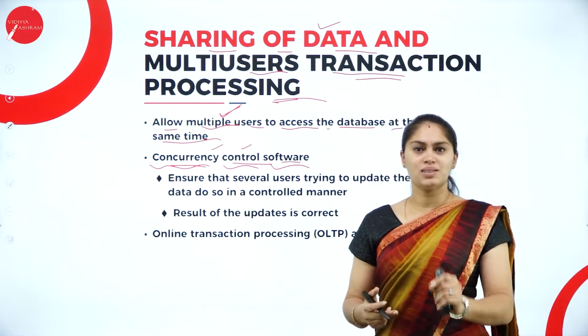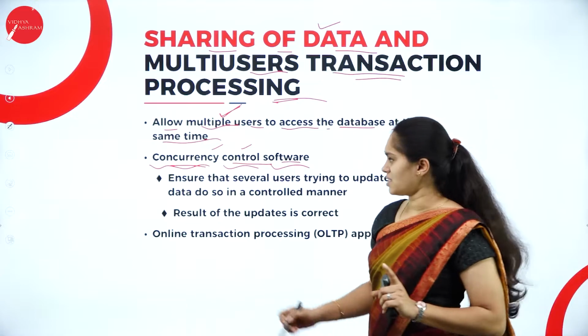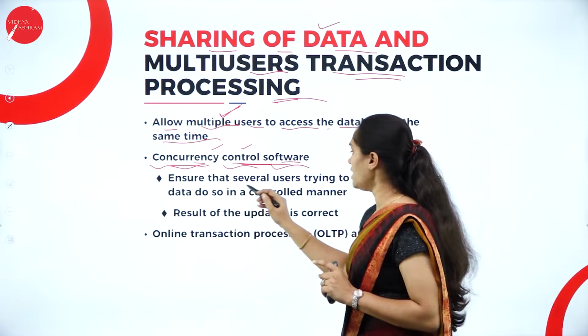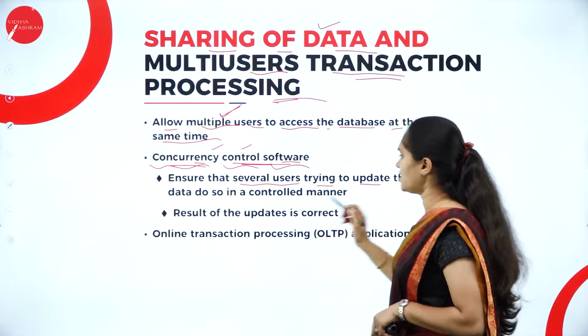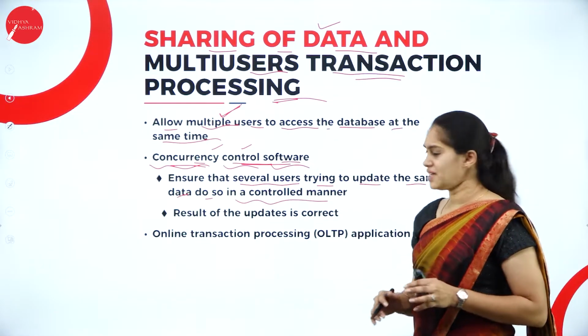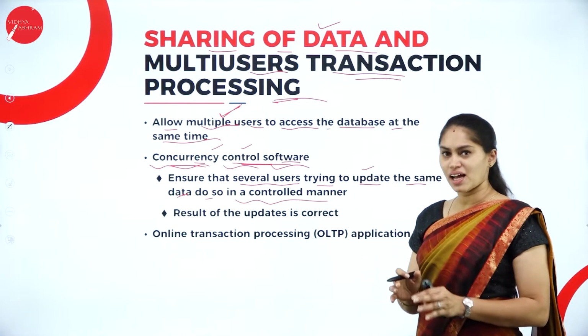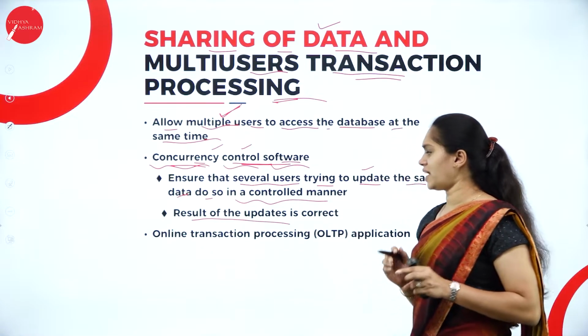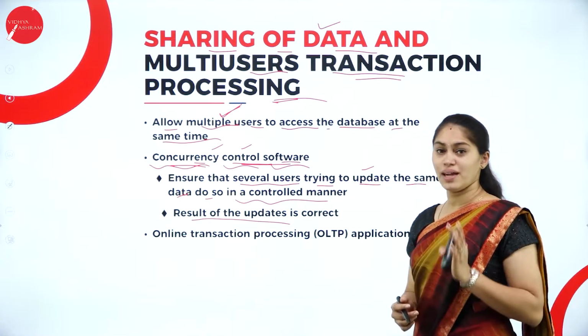That is regarding concurrency control software. It ensures that several users trying to update the same data do so in a controlled manner. Everybody is trying to update the same data, but it has to take place only one time, so that the result of the data updation is correct.